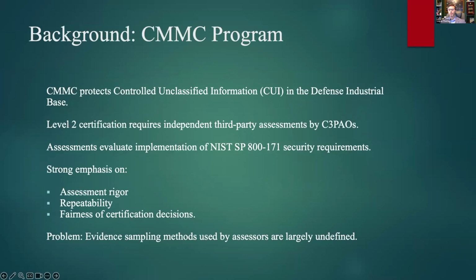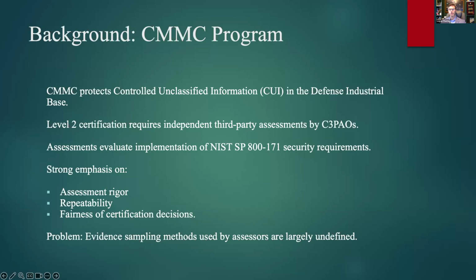The Cybersecurity Maturity Model Certification, also known as the CMMC program, is designed to assess defense contractor compliance with NIST SP 800-171 implementation requirements for protecting controlled unclassified information, also known as CUI, across the defense industrial base, and has only been formally implemented since about January of 2025.